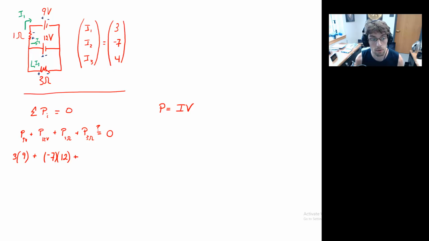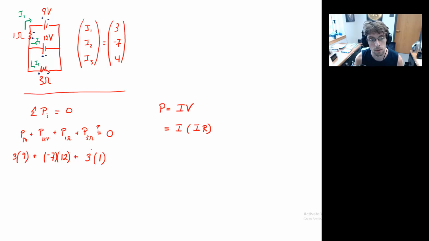Let's go ahead, next one. Now we go to resistor 1, and we see that the current is entering the positive side of the resistor. So I'm going to keep that positive sign. And the current is 3 amps. The resistance is 1 ohm. And keep in mind now, for the resistor, I'm going to use this idea that the potential drop across the resistor is given by IR.